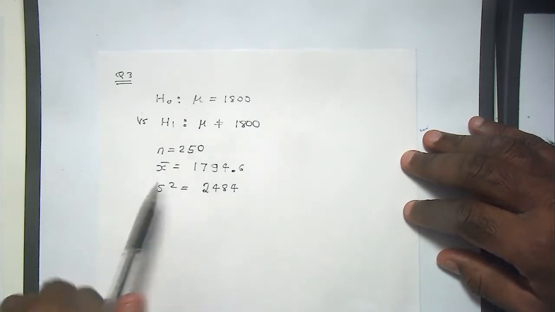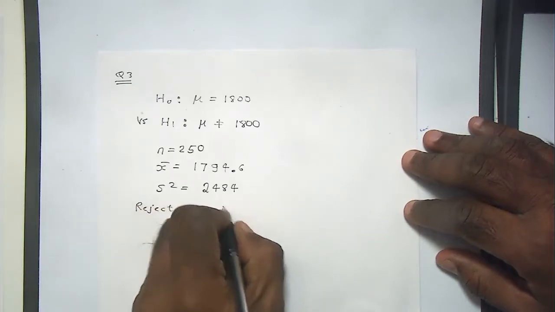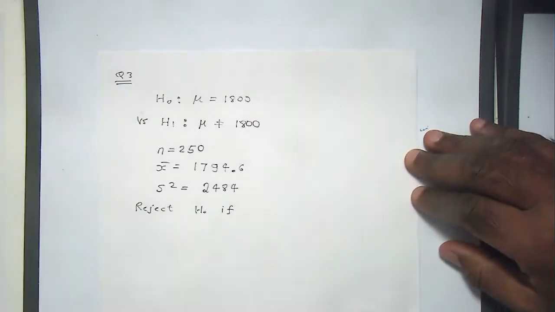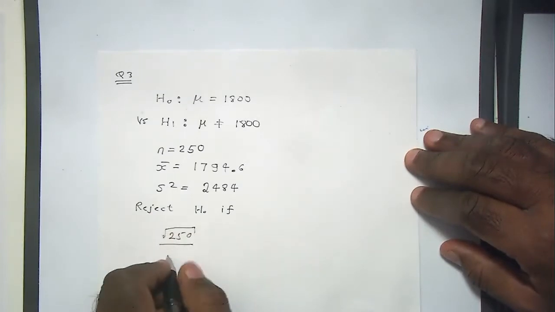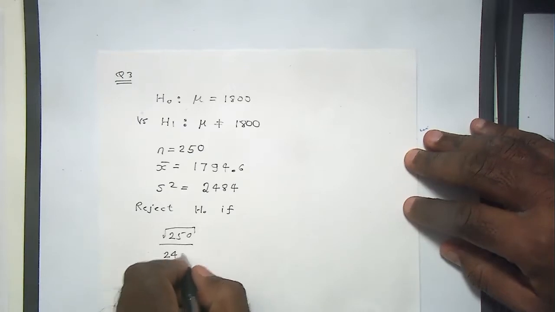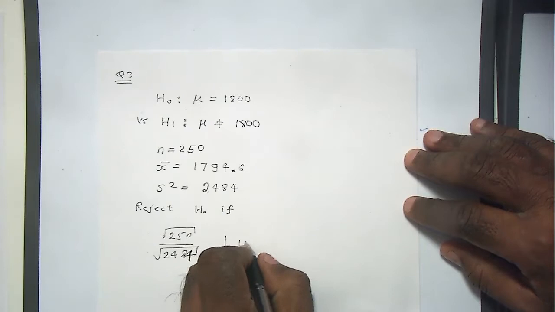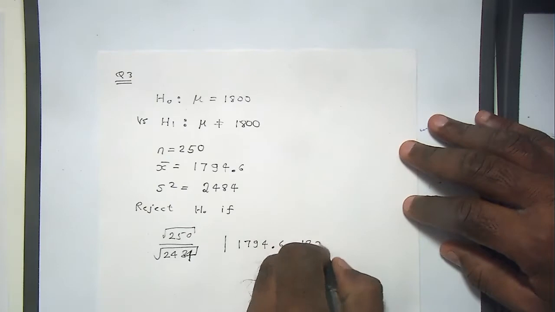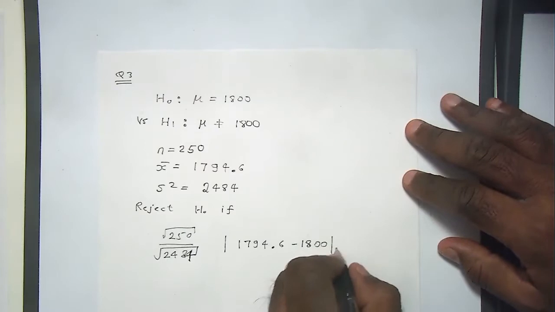So the rule for rejection: we reject H0 if root of n, which is root of 250, divided by root of s squared, which is the root of 2484, times x bar minus mu 0, which is 1800, is greater than t.